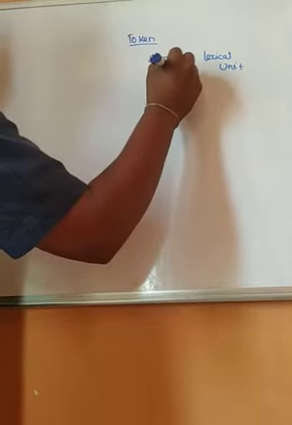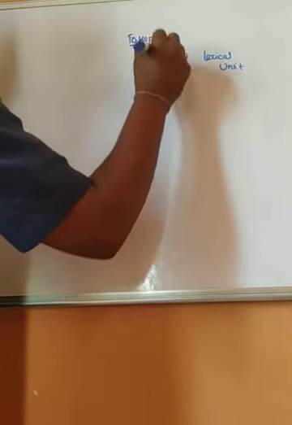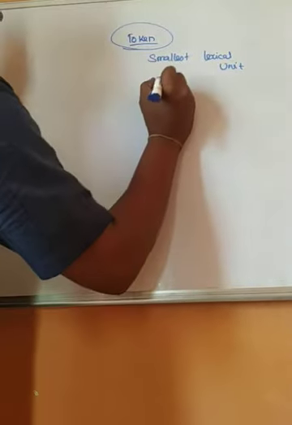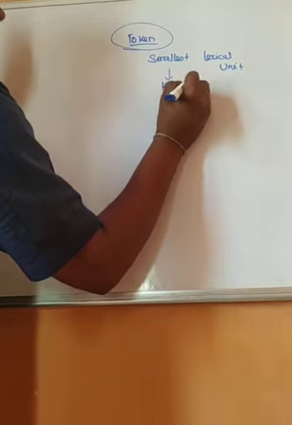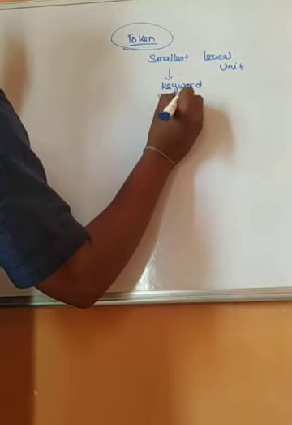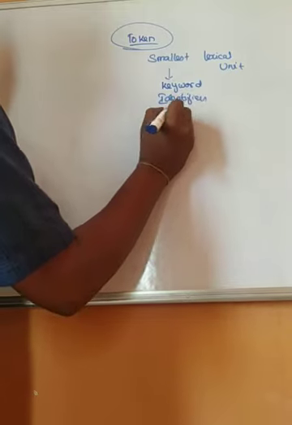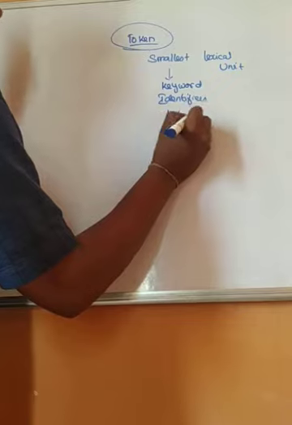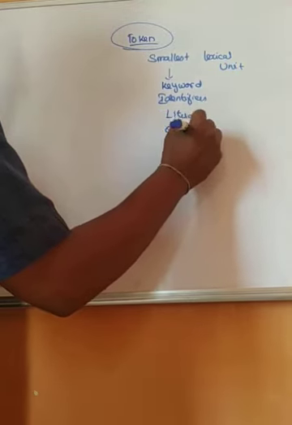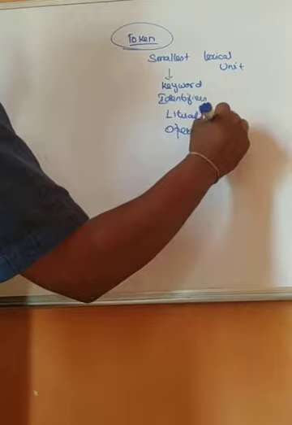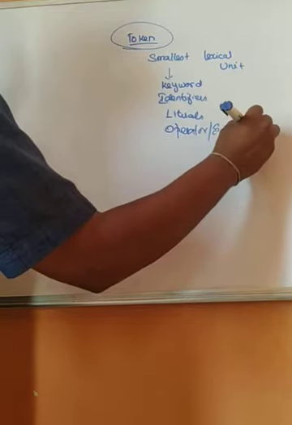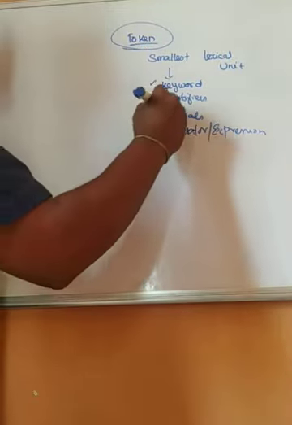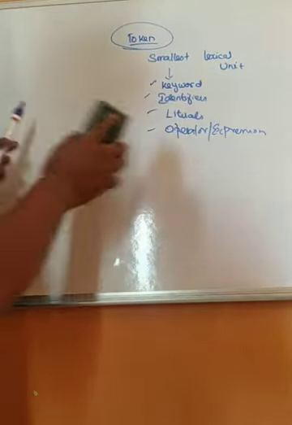All the things we discussed in the starting come under this token: keywords, identifiers, literals, operators, and expressions. All of these come under tokens. In this we saw keywords and identifiers. We have literals, operators, and expressions. We will see literals now.